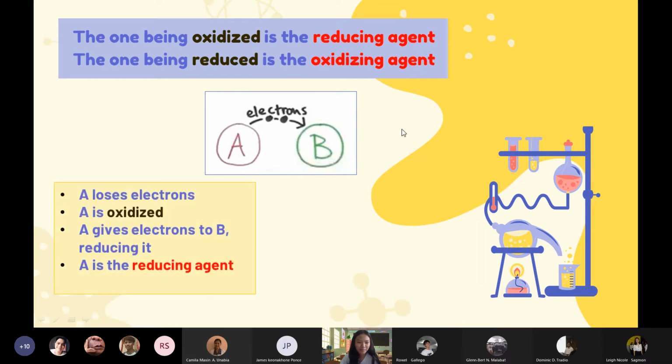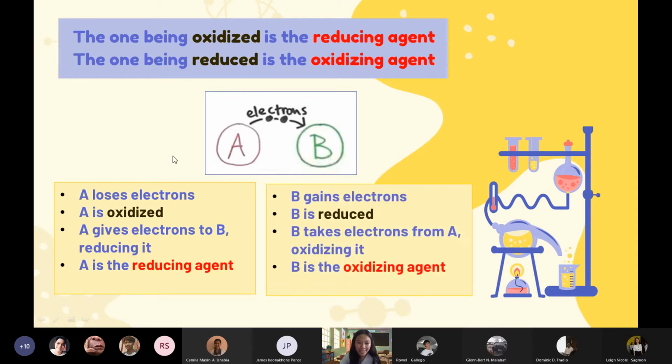Now in this figure, atom A gives its electrons to atom B. Now A loses electrons, so A is oxidized, because loss of electrons is oxidation. A gives electrons to B. Now atom B makes atom A's oxidation happen, so A is the reducing agent for that.